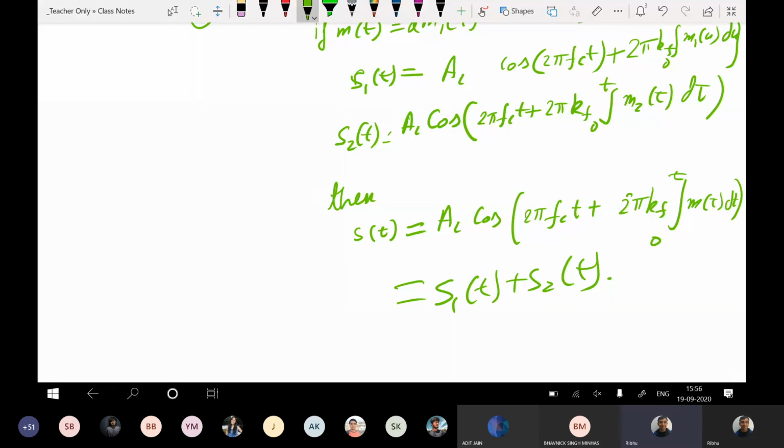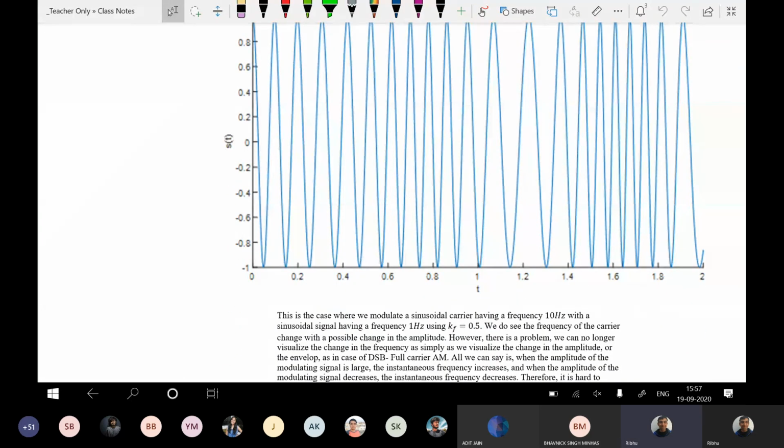This is the case where we modulate a sinusoidal carrier having a frequency of 10 Hz with a sinusoidal signal having a frequency of 1 Hz, using kf equal to 0.5.